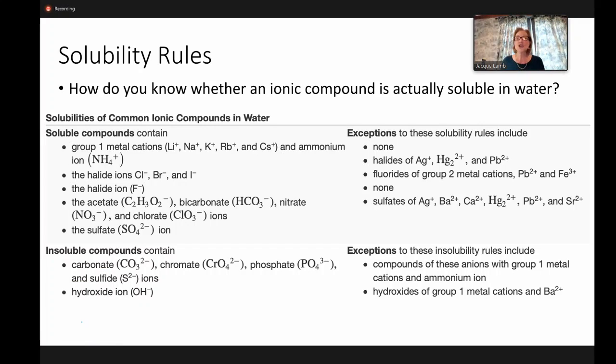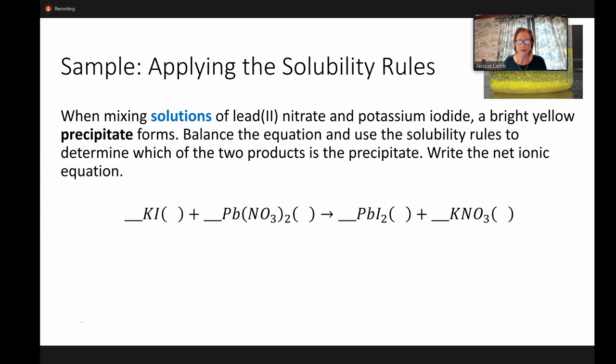We're going to talk about different types of reactions. Let me go to this next one for a second. When I mix aqueous solutions, notice it says solutions. When it says solutions, that means it's aqueous.